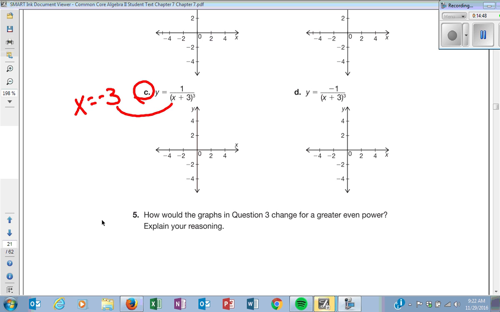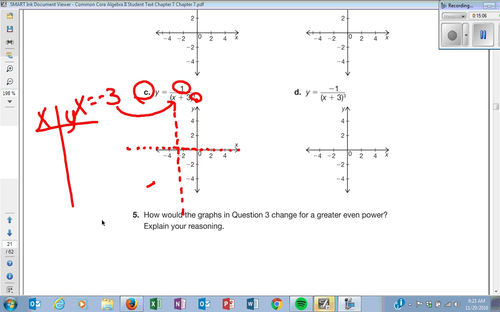So put in a negative 3, and negative 3 kicks out a 0 on the bottom. Not good. Bottom's bigger than top still, so my asymptote is going to be like this, X and Y chart, just to make sure. Since this is positive and this is odd, I believe that this is going to start down. And this one's going to be in this region, and this one should be in this region.